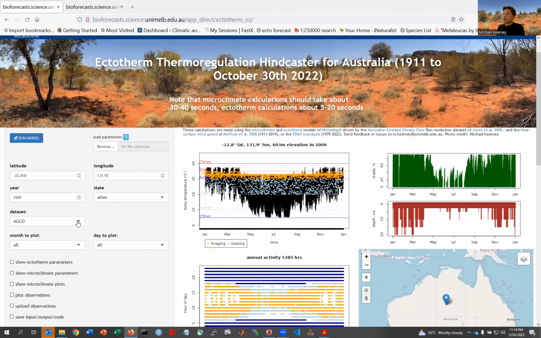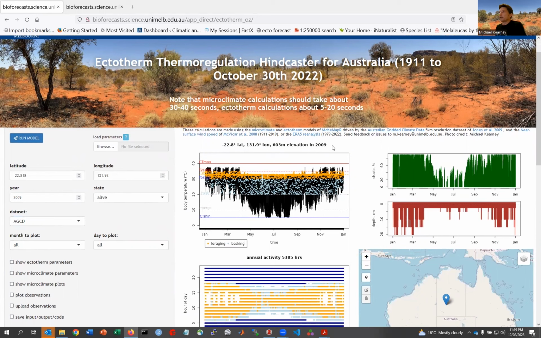Note also that both the microclimate app and the ectotherm app allow you to choose the ERA5 dataset as well as this AGCD dataset. And I have that ERA5 data for Australia from 1979 up until October 2022. So different time windows for those two different datasets, but they overlap.